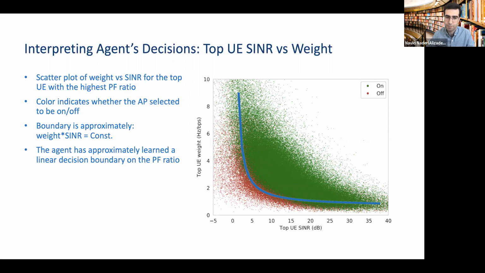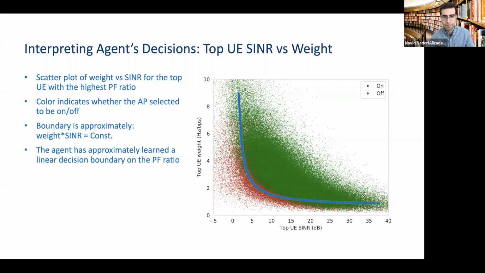If you really think about that, weight times SINR in dB is roughly the PF ratio. So the agent has really learned a linear decision boundary on the PF ratio without being explicitly told to do so. That's an interesting observation that the agent came up with after this training phase.